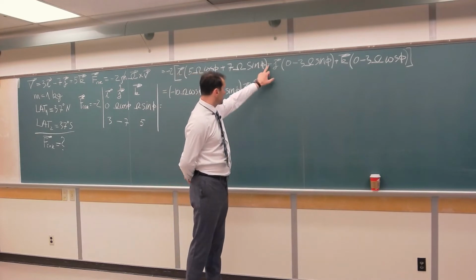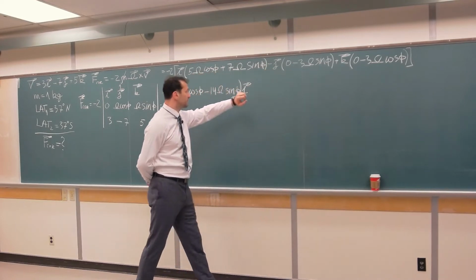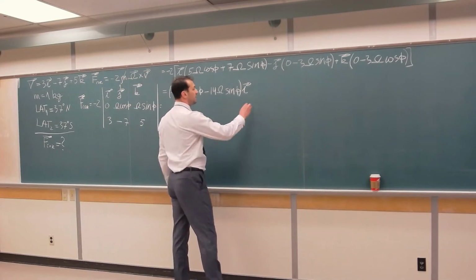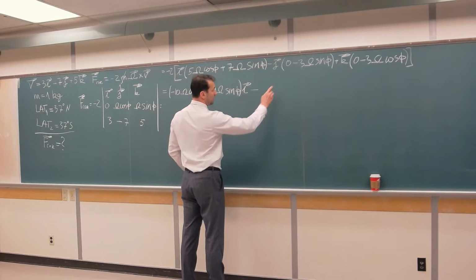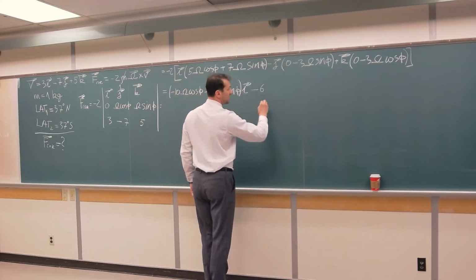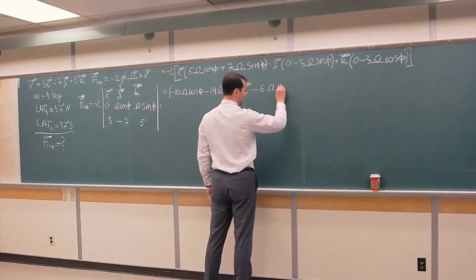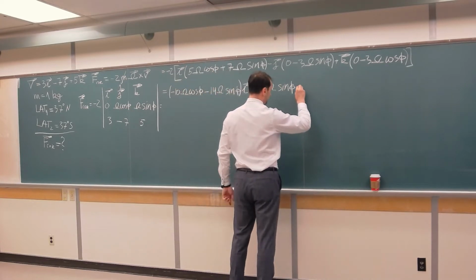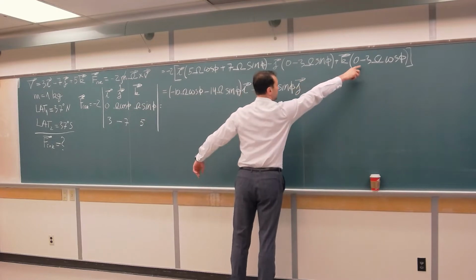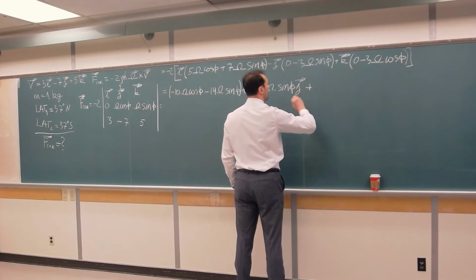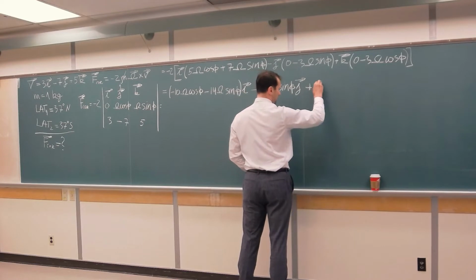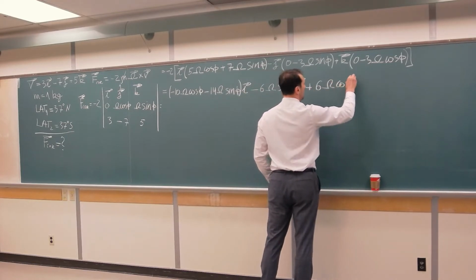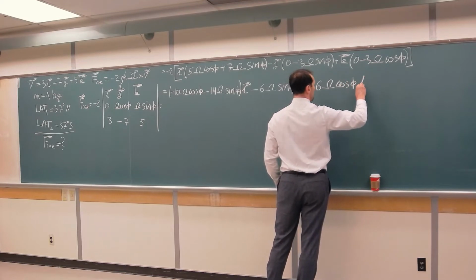Now in the j direction, this minus and this minus will give me plus, but because of this minus over here, I will again get negative, so it will be negative 3 times 2 is 6 omega sine phi, and that's in the j direction. And in the k direction, this minus and this minus will give me plus, 3 times 2 is 6 omega cosine phi.